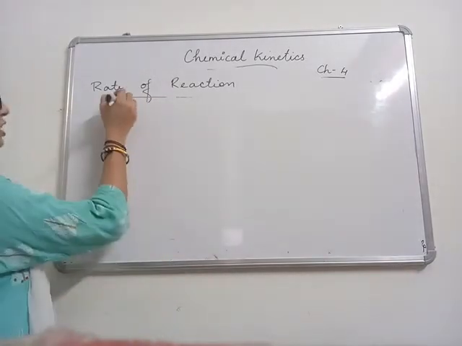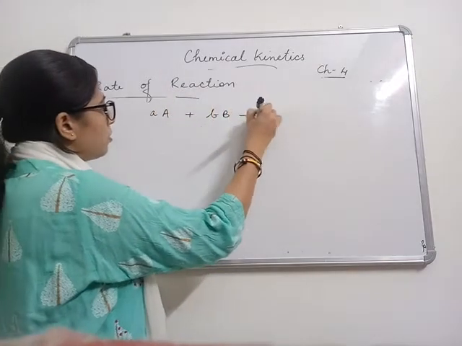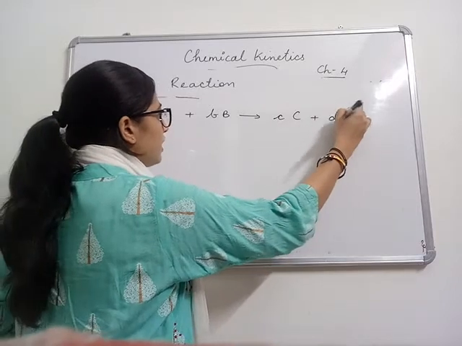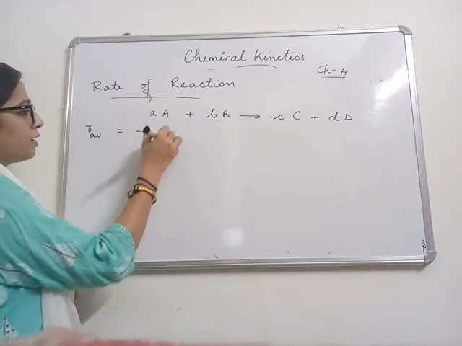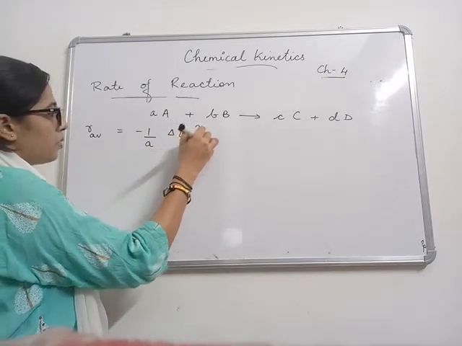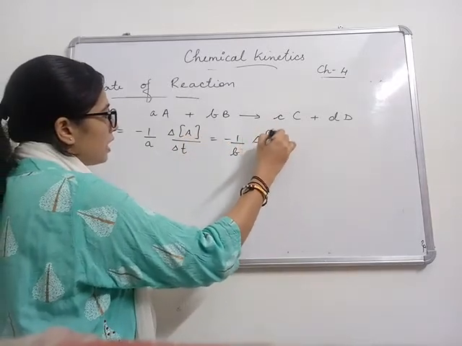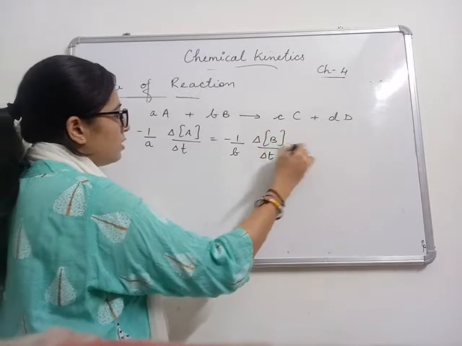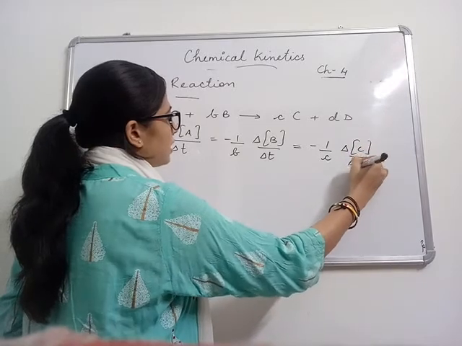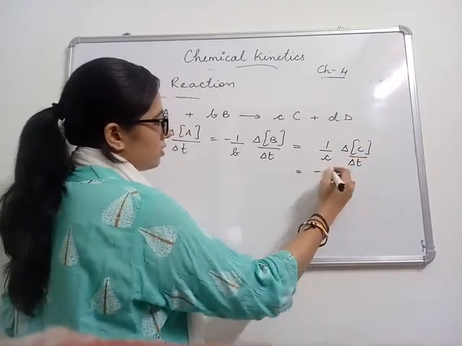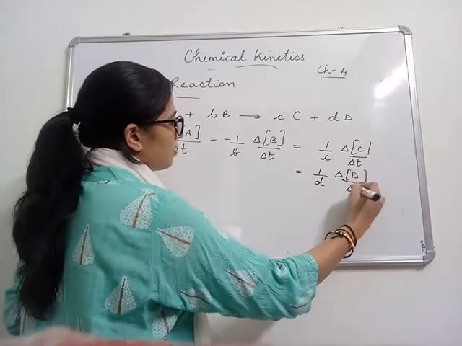If you have a reaction in which a moles of A react with b moles of B, it gives c moles of C and d moles of D, then the average rate expression is minus 1 upon a delta A upon delta t, which is minus 1 upon b delta B upon delta t, which is 1 upon c delta C upon delta t, which is 1 upon d delta D upon delta t.